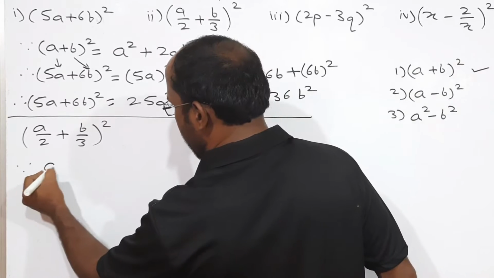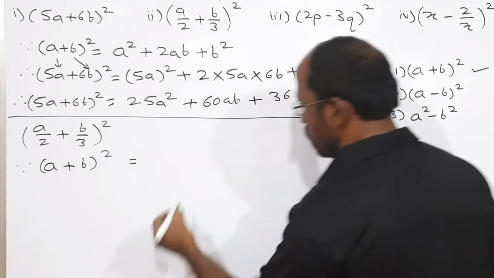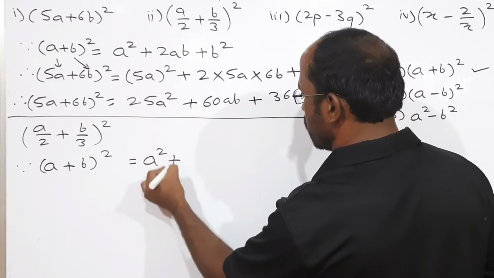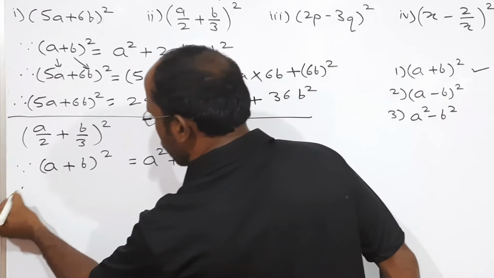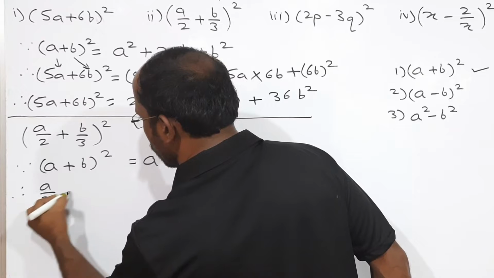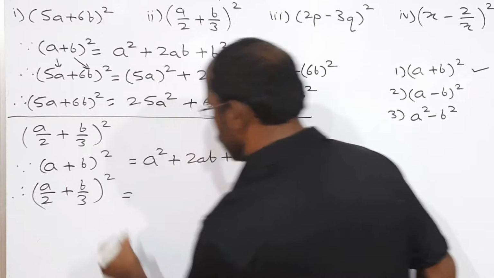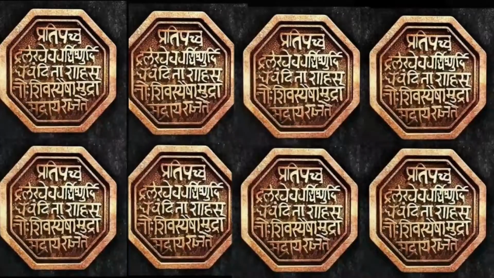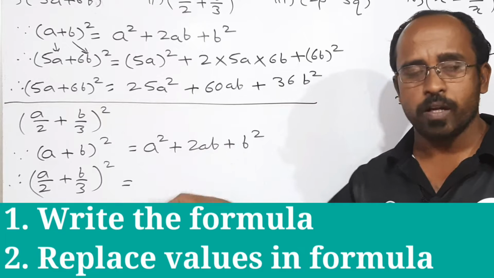(a + b) square is equal to a square plus 2ab plus b square, therefore (a/2 + b/3) square is equal to. Students, a rule is a rule. The rule is we have to write this formula and replace the values.